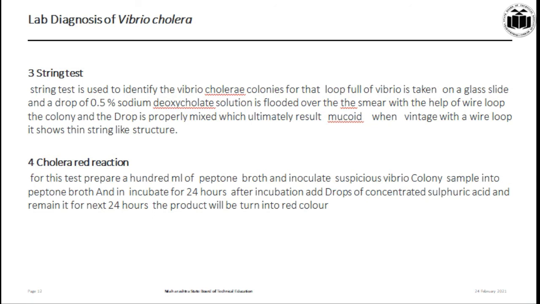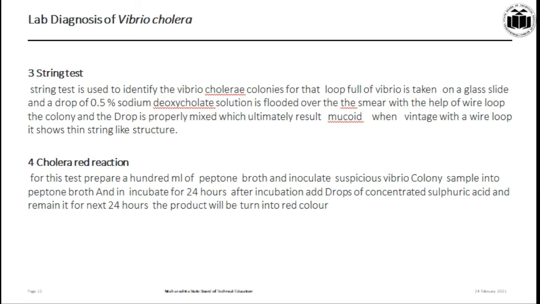Ultimately, if it produces a mucoid string that can be drawn up with a wire loop, it shows that it is Vibrio cholerae. That means a fine string and mucus structure is present when the colonies contact the 0.5% sodium deoxycholate solution.